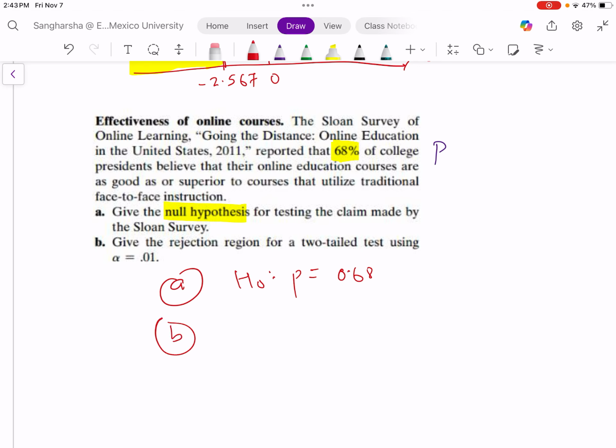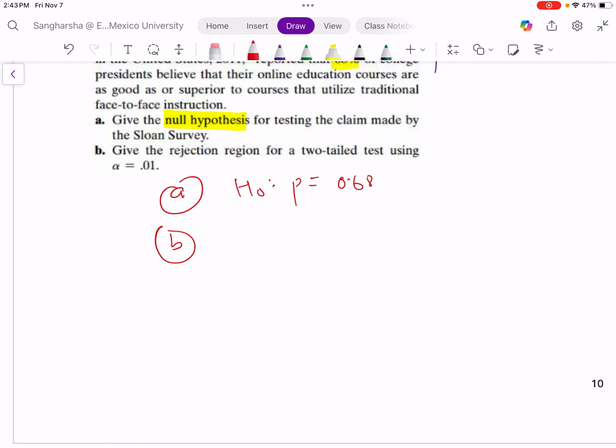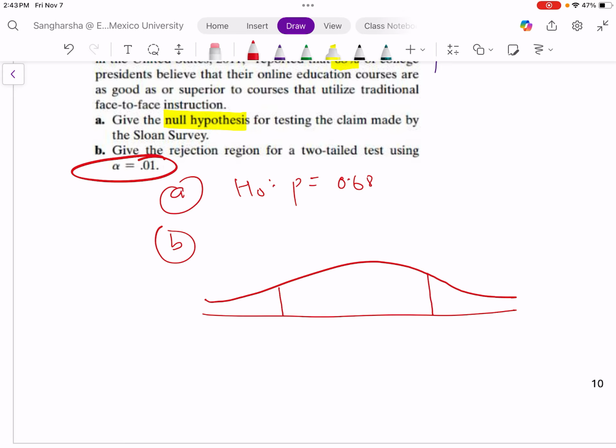For B, give the rejection region for a two-tailed test using alpha equal to 0.01. So it's a two-tailed test. If we have a two-tailed test, we have the rejection region on the left side and on the right side. Our alpha is 0.01. So we have a rejection region on the left, we have a rejection region on the right, and the sum of these two areas is 0.01.